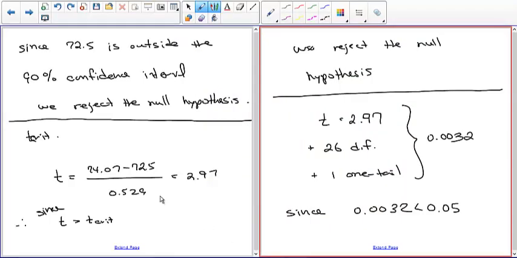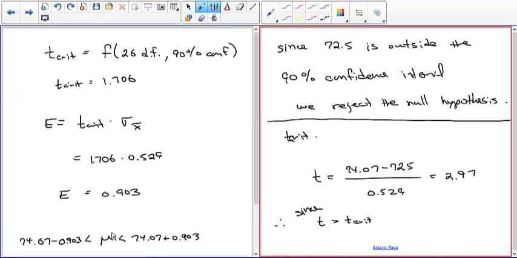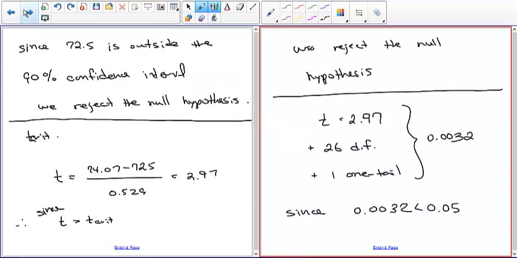That's how we got this number, and you see it's quite significantly less. So it's a pretty sure thing.